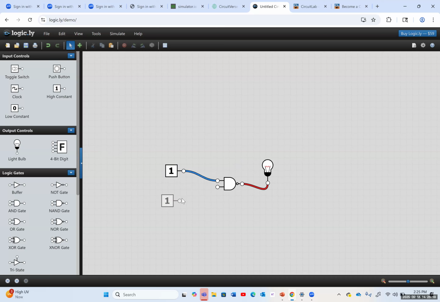Can add 2 1s. And let me see where the run button is. Yeah, it even generates truth table and so on. Nice. So this is another one that you can use. Different methods, different tools that you can use.